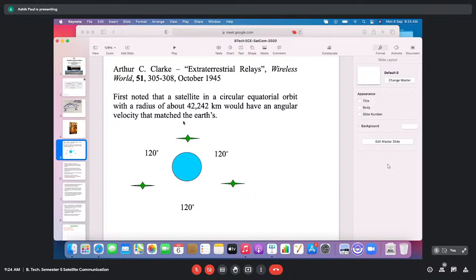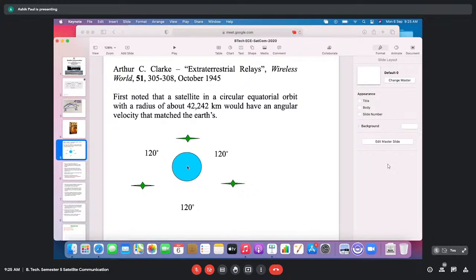It was he who also first applied Kepler's laws. I think we are familiar with Kepler's laws of motion from our secondary or high secondary classes. So Arthur Clarke put forward the idea that if we put a satellite in an orbit around Earth's equator, the geographical equator, if the orbit is circular and if it has a radius of close to 42,000 kilometers, 42,000 kilometers not from the surface of the Earth but from the center of the Earth.